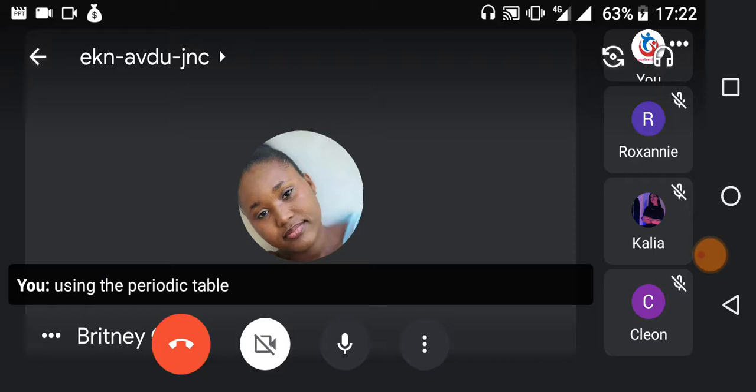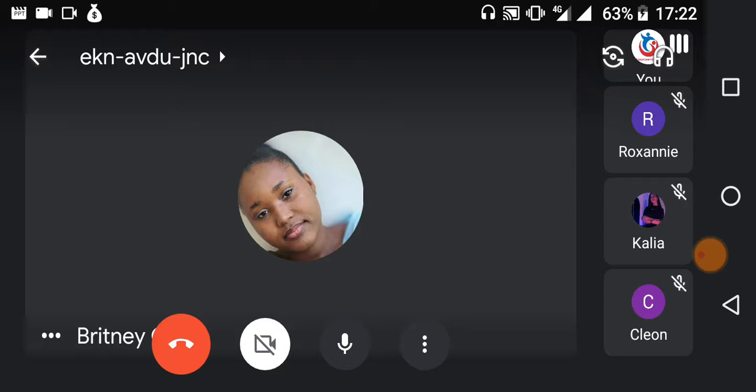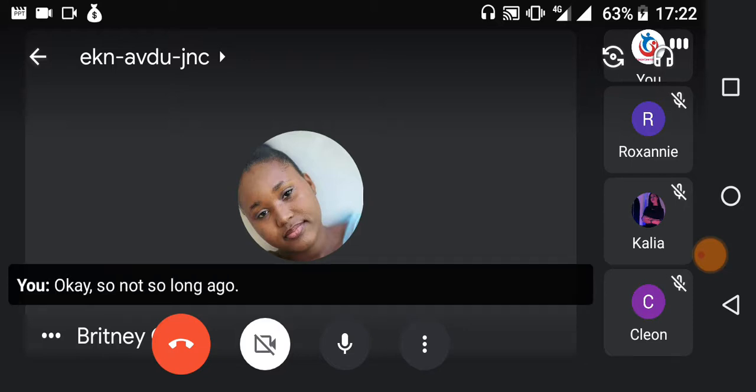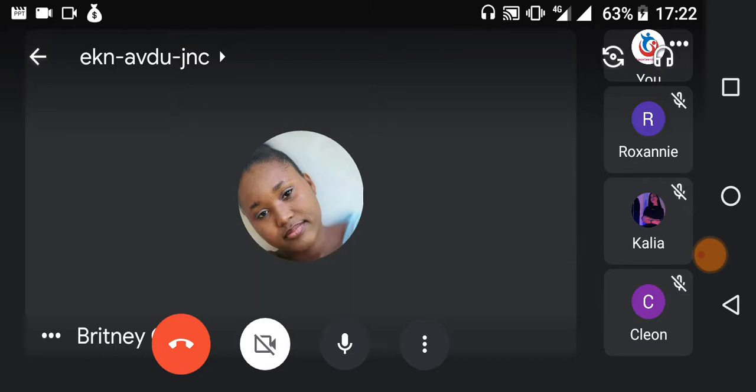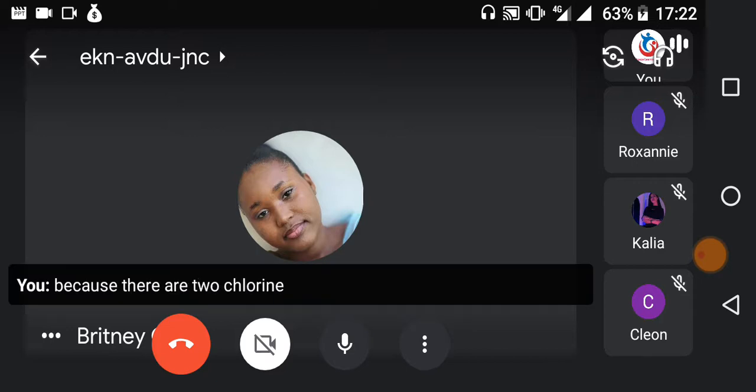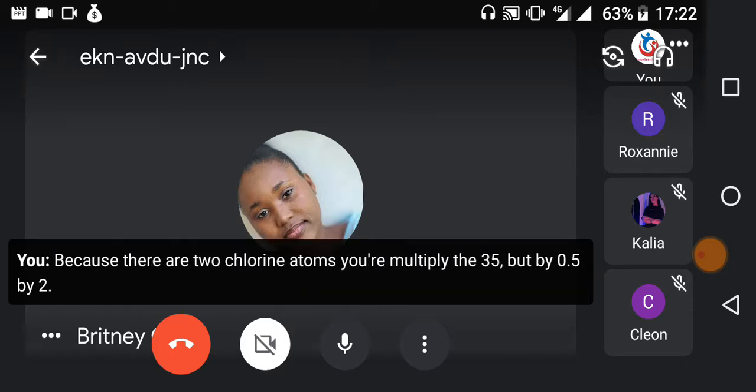Not so long ago we found that barium has a mass of 137 and chlorine has a mass of 35.5. Because there are 2 chlorine atoms, you multiply the 35.5 by 2 and add it to the mass of barium.